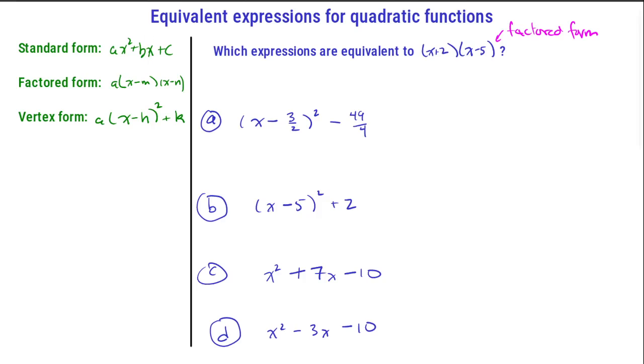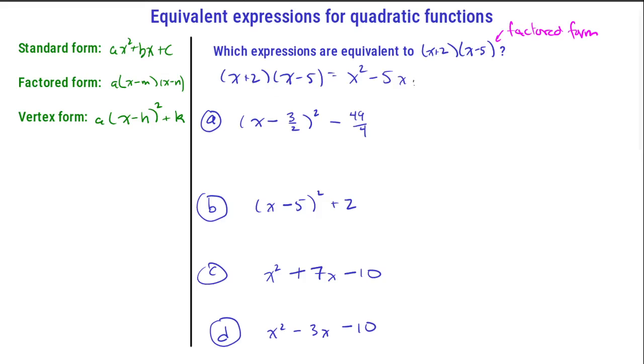So instead of trying to put things in factored form to compare, let's put this factored form in standard form. We'll just bring everything to standard form and compare it there. So we'll FOIL this out. First term's x times x, so x squared. Outer terms, negative 5 times x.